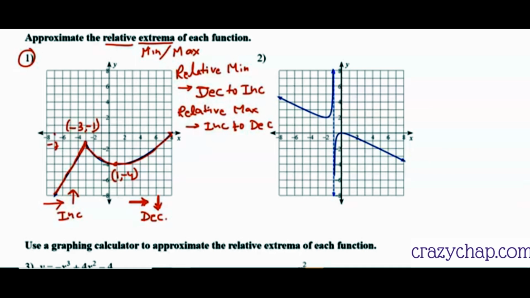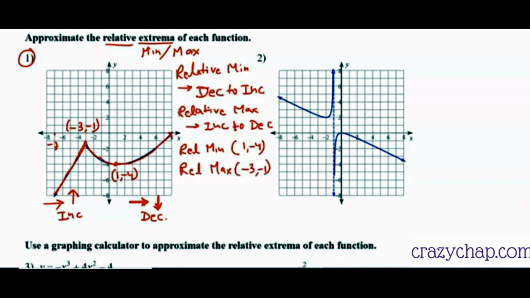Relative minima, I will write it. Relative maxima is where the function changed from increasing to decreasing. With this understanding, we'll try to solve question number 2.